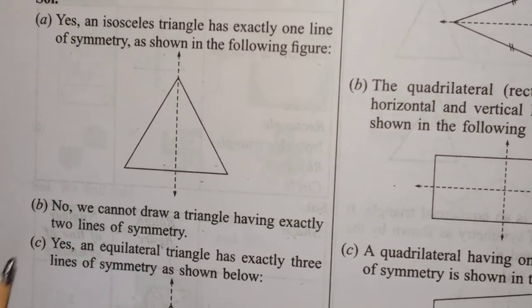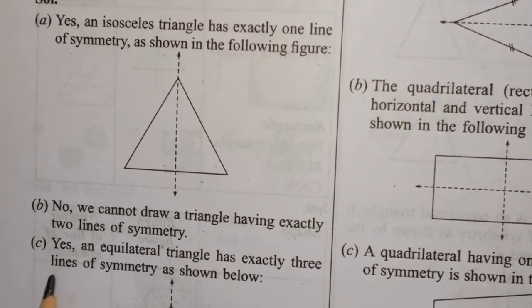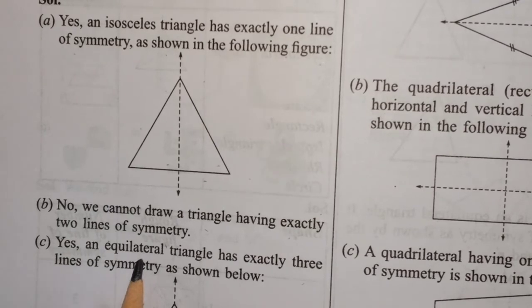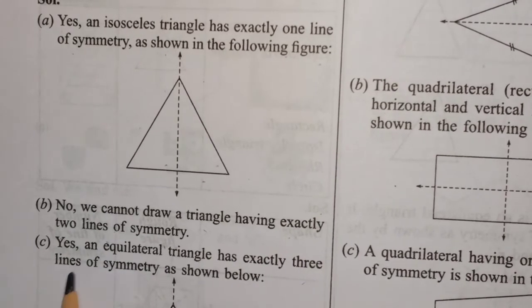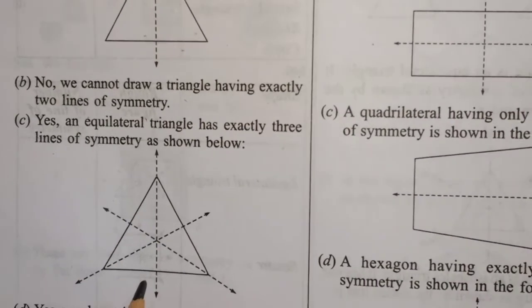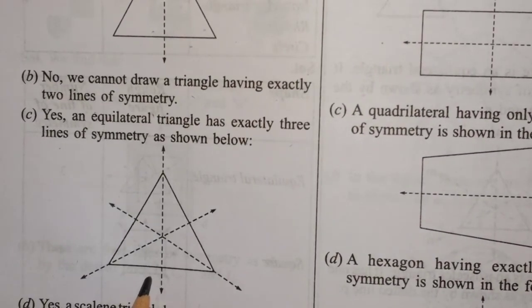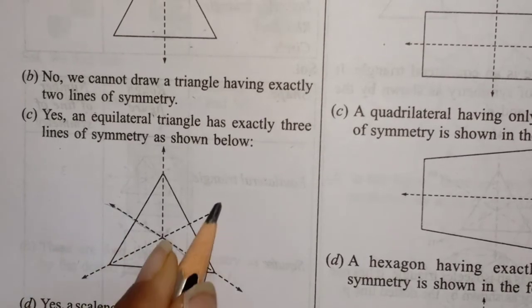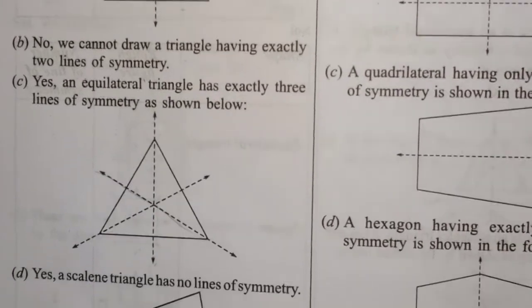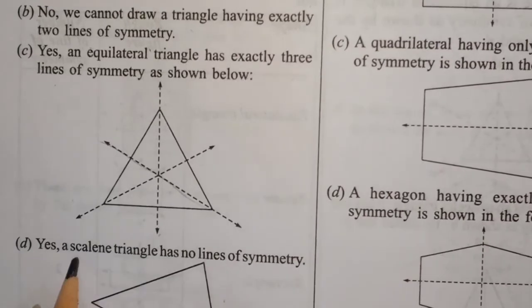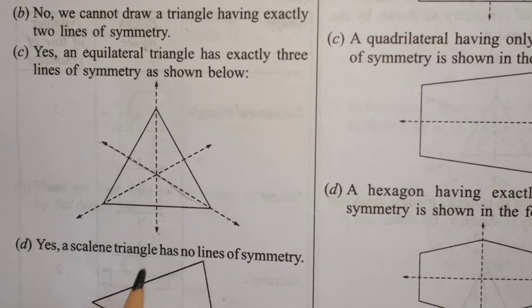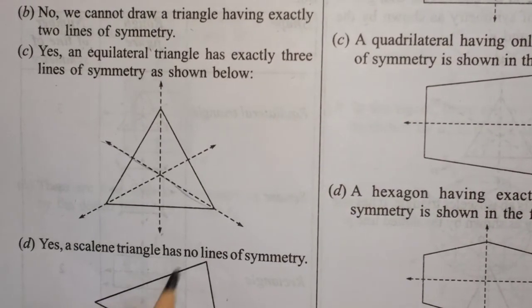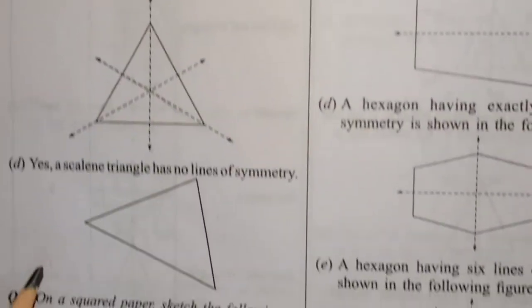Now question C: exactly 3 lines of symmetry. Yes, an equilateral triangle has exactly 3 lines of symmetry. See that it is the figure of an equilateral triangle, and here there are 3 lines: 1, 2 and 3. Now question D: no lines of symmetry. We know that in a scalene triangle all sides are different, so here we do not draw any symmetrical line.